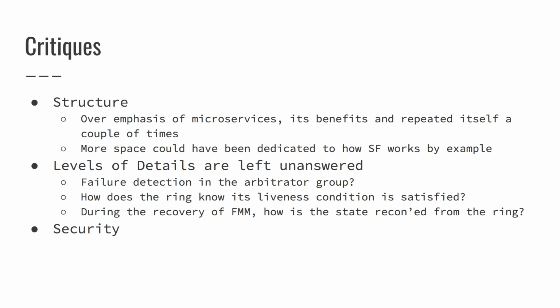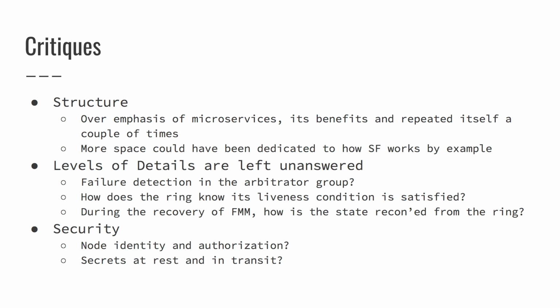And lastly, security is a key aspect of the system that was not covered at all. For example, how do nodes in the ring identify each other and make sure they are who they say they are? Is it through mutual TLS with in-cluster certificate authority or something else? How are the messages exchanged between the nodes?